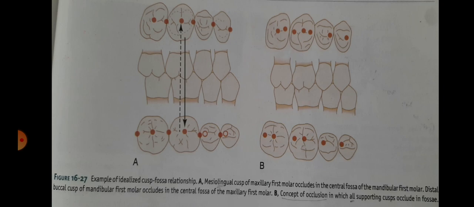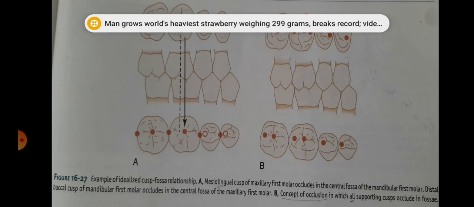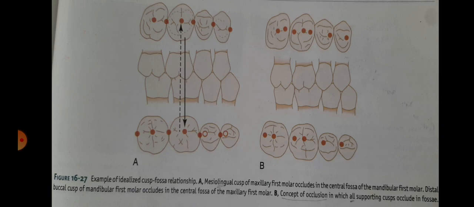Picture A shows the mesiolingual cusp of the maxillary first molar occluding in the central fossa of the mandibular first molar, whereas the distobuccal cusp of the mandibular first molar occludes in the central fossa of the maxillary first molar.